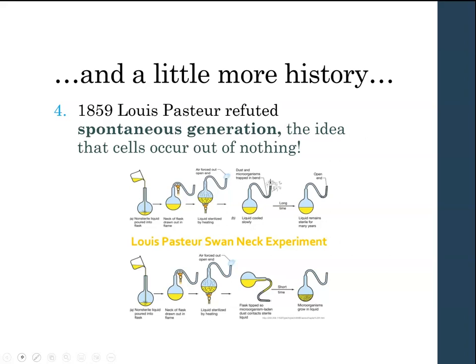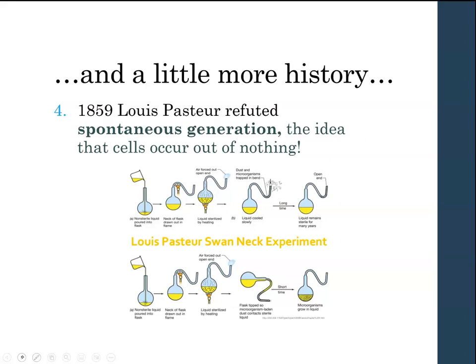So Louis Pasteur is the man that gave us pasteurization, and he did a lot of work with microorganisms, and he basically discovered that if you heat up liquid, you can kill the microorganisms, and if you do it correctly, you don't ruin the liquid itself. So we pasteurize milk and other liquids that we consume to get rid of the bacteria without essentially cooking the product. He came up with all kinds of other things. He's a really smart man that really did a lot of work in microbiology.